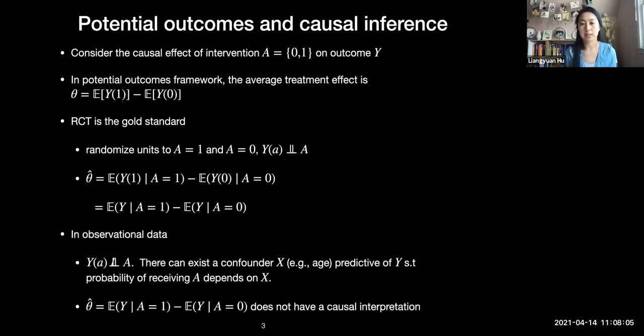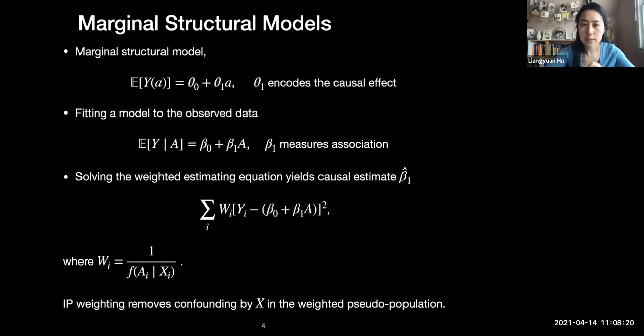So age might be such a confounder. For example, older patients are more likely to receive a treatment. So in this case, the between group difference would not bear causal interpretation because it might be confounded by age. So then we have to rely on specialized causal inference methods to estimate the causal effect.